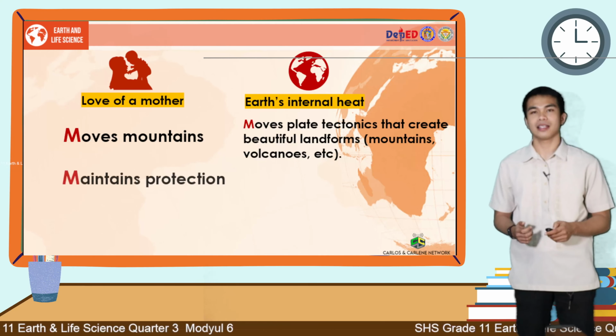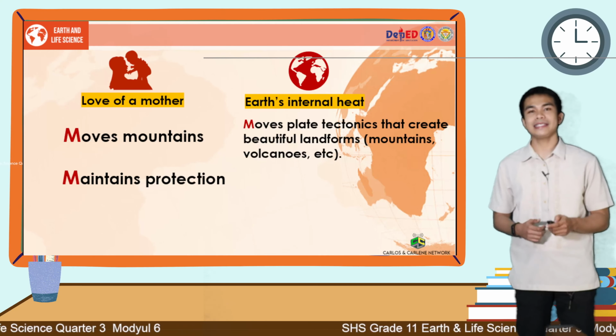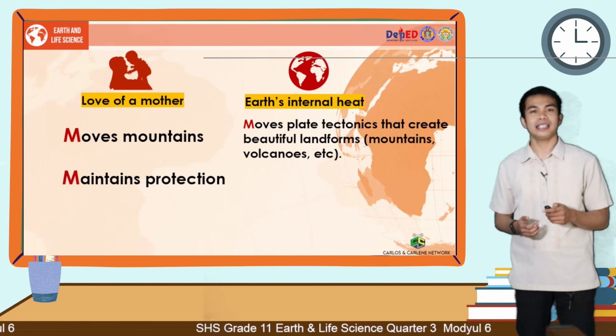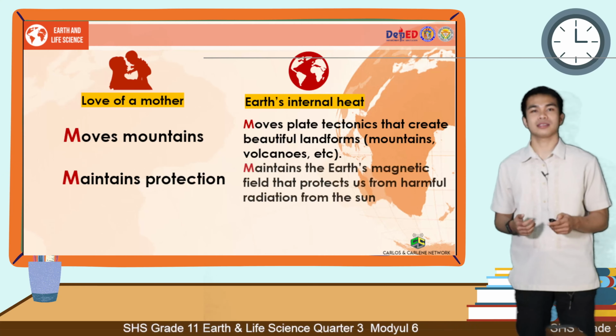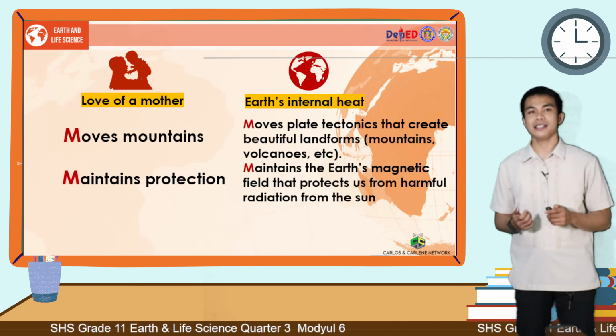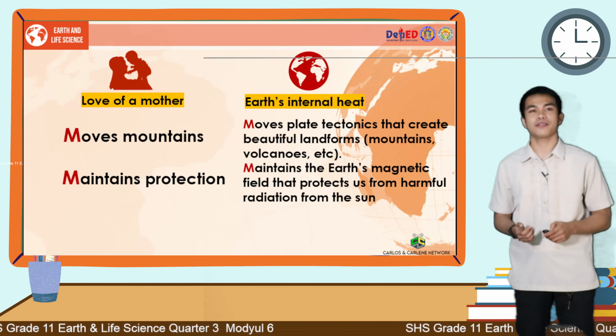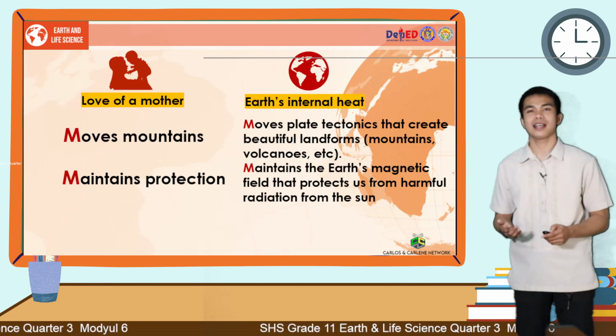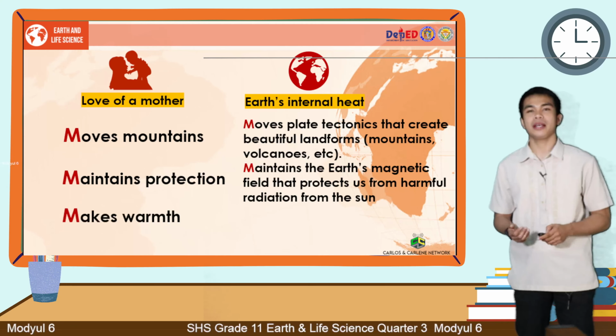Second, the love of a mother maintains protection. Also, the Earth's internal heat protects us from what? It maintains the Earth's magnetic field that protects us from harmful radiation from the sun. And last, the love of a mother makes warmth.